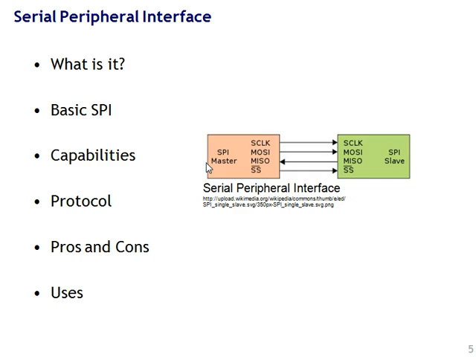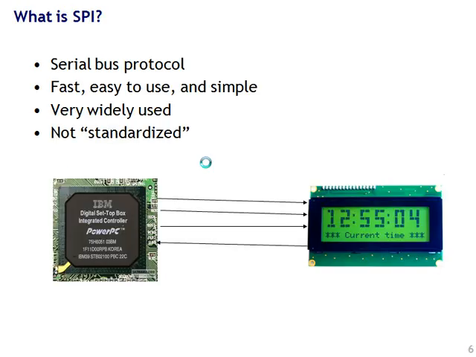I often wonder why it's always inverted like that. Here's a nice interface. We have something very similar to this in our microcontroller class. It's using the SPI interface. Not real standardized, but it's very common. You can buy chips like A to D converters or D to A converters with SPI interfaces.